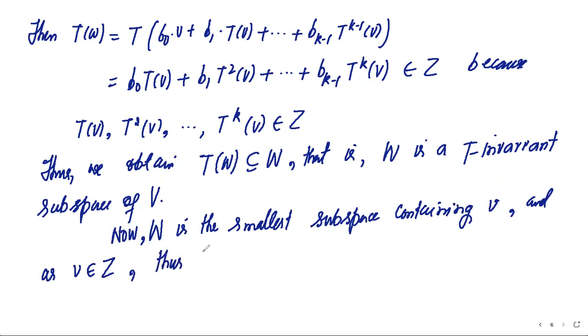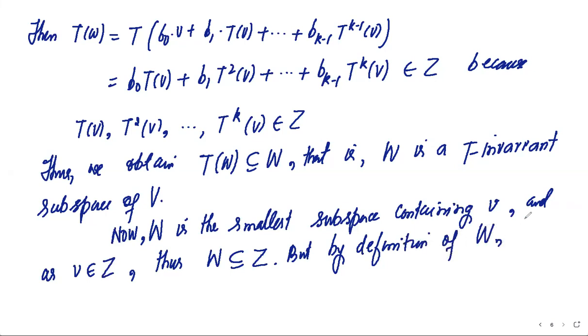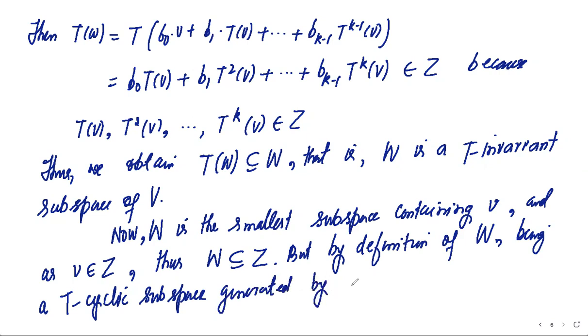Thus, W being the smallest subspace containing V, and V is in Z, this means that W is contained in Z. But by definition of W being a T-cyclic subspace generated by V, we have that Z is contained in W. This fact comes from Z being generated by V, T of V up to T^(j-1) of V. But W is a T-cyclic subspace, the span of V, T of V, T square of V, and so on.